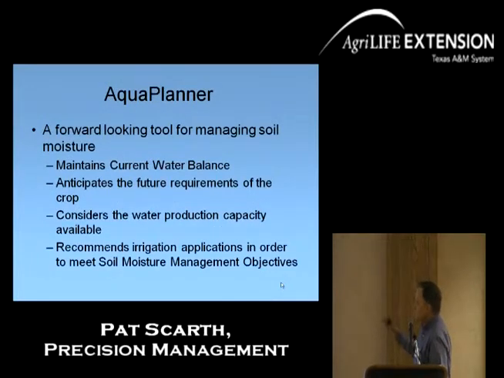The Aqua Planner is a forward-looking tool for managing soil moisture. We keep track of the current water balance. We anticipate the future requirements of the crop, and it considers the water production capability available, how much water you can pump, and makes recommendations in order to meet that management objective.